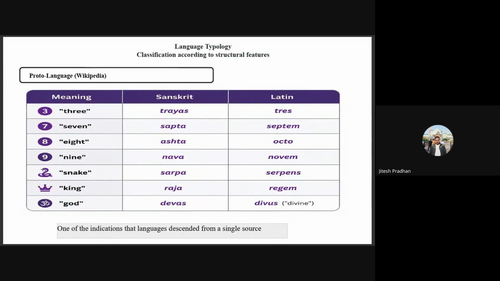For example, let's take a sentence: I eat apples. In different languages, the order will be different; the structure will be entirely different. In English, I will say I ate apple, so the sentence formation is subject plus verb plus object. Now in Hindi, I will say मैं सेब खाता हूँ.